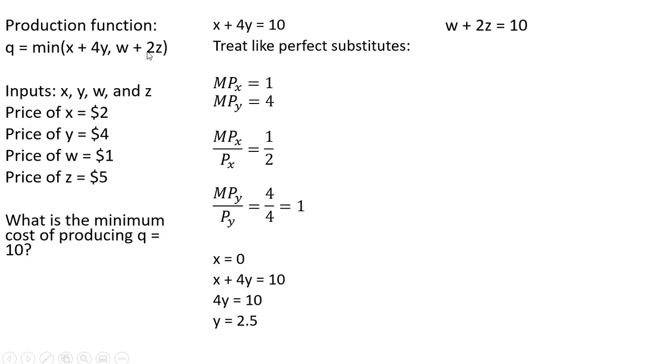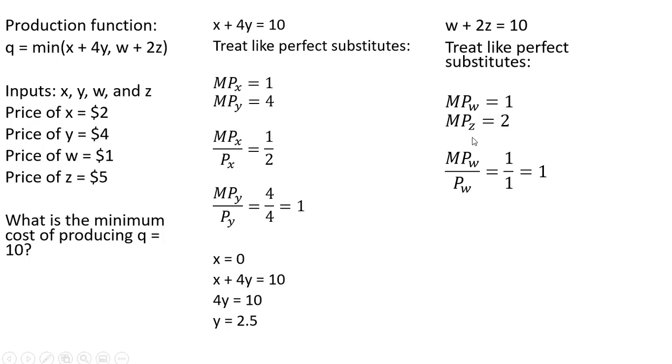Looking at the next part in this production function, we have w plus 2 times z. Once again, we're going to treat that like a perfect substitutes type production problem, where 10 represents the amount of output that we want to produce. We get the respective marginal products, which are the coefficients on those input variables, and then calculate marginal product per dollar.